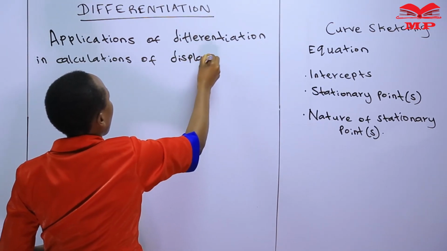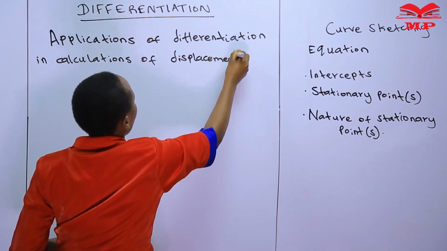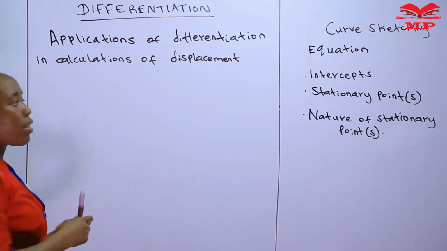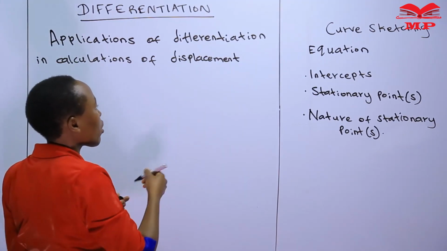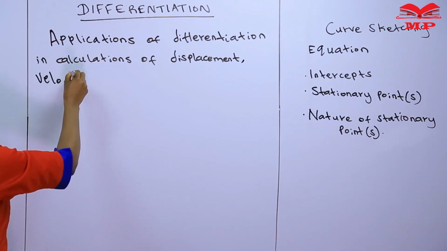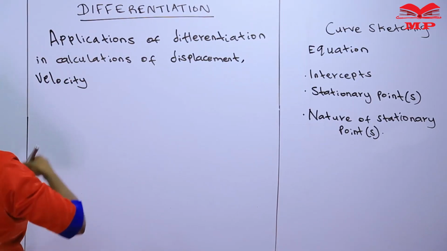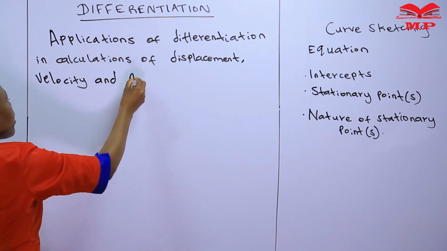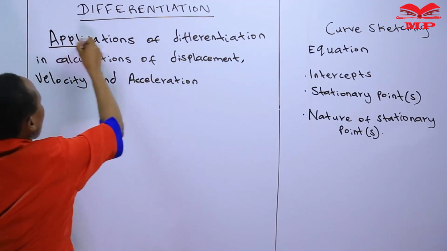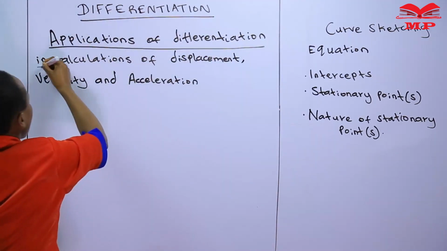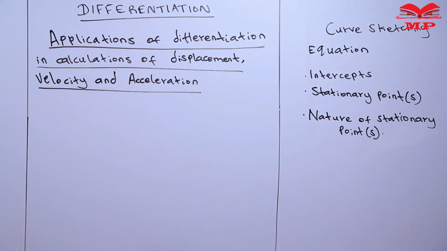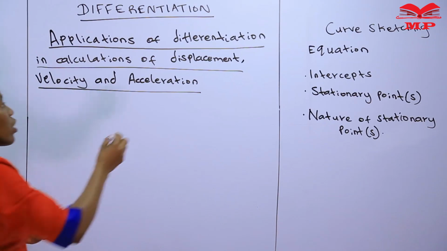We use displacement or distance because they mean the same, only that displacement shows even the direction. We'll use it to calculate displacement, velocity, and finally acceleration.